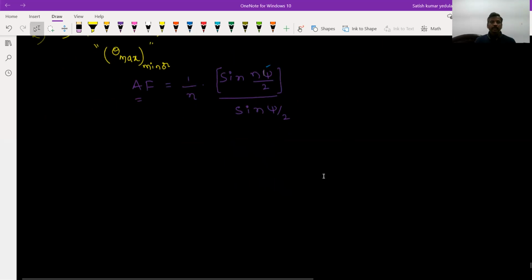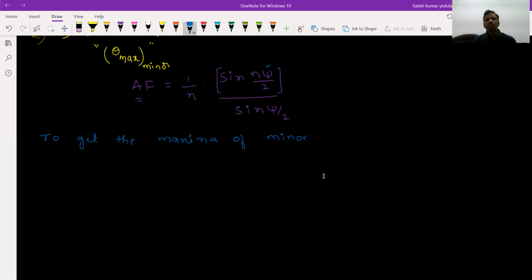Let us now equate that. To get the maxima of the minor lobe, equate the numerator part of the array factor to plus or minus 1.